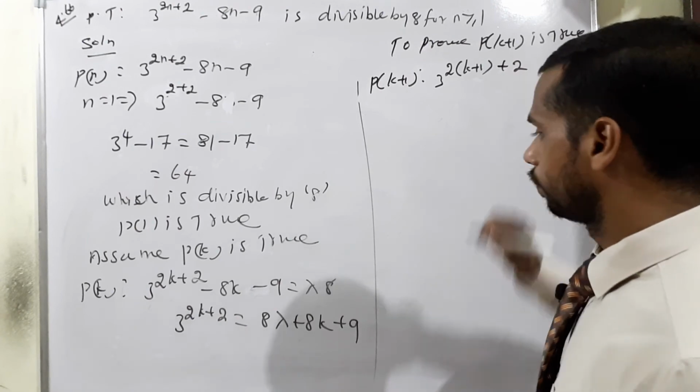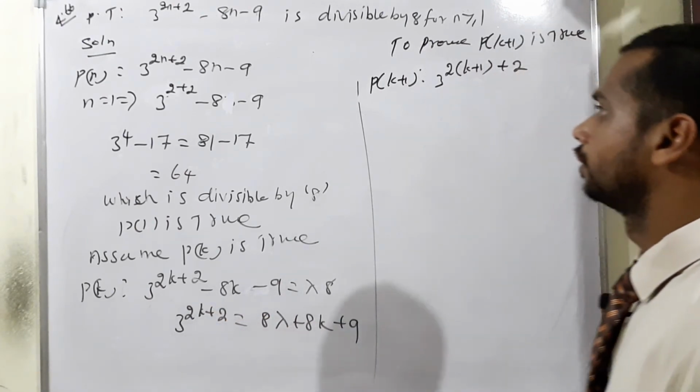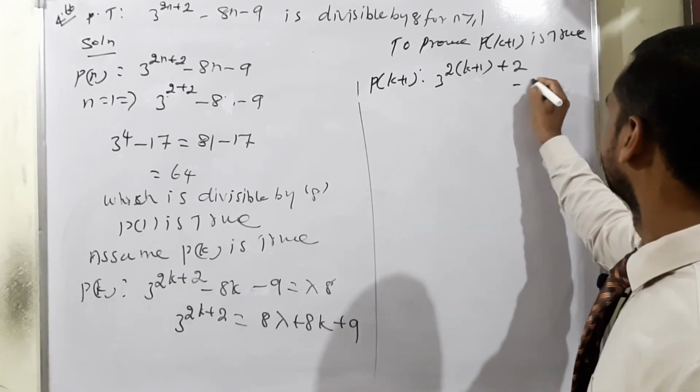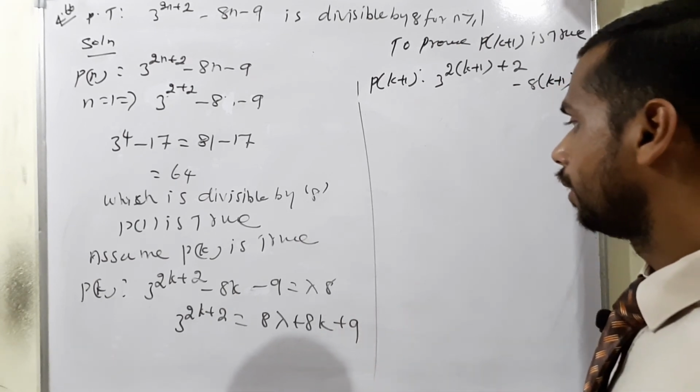So, plus 2, then minus 8 of k plus 1, then minus 9.